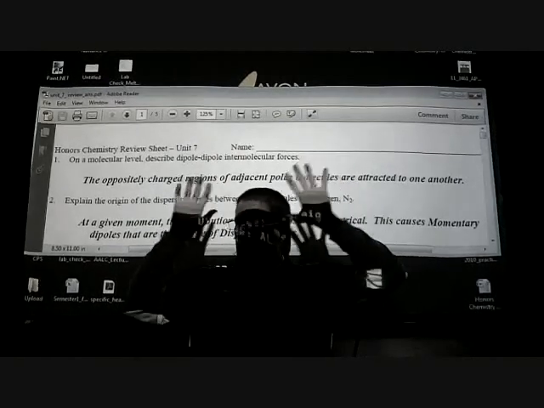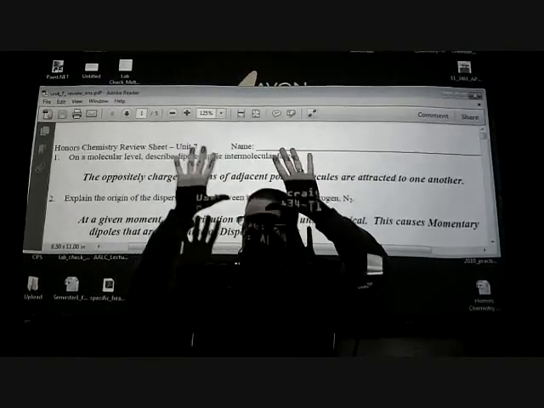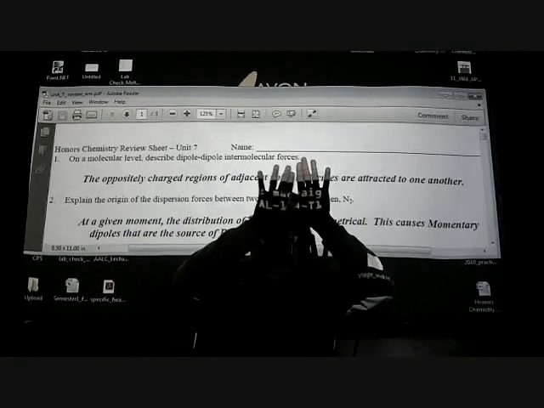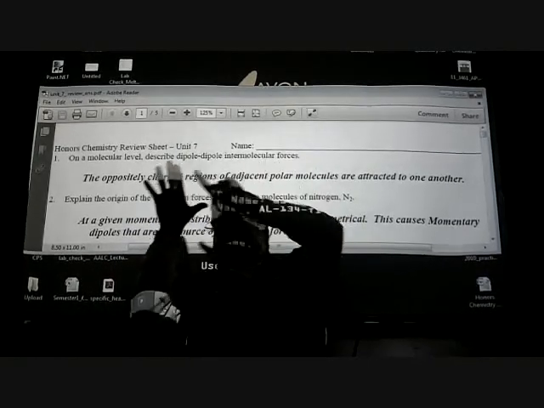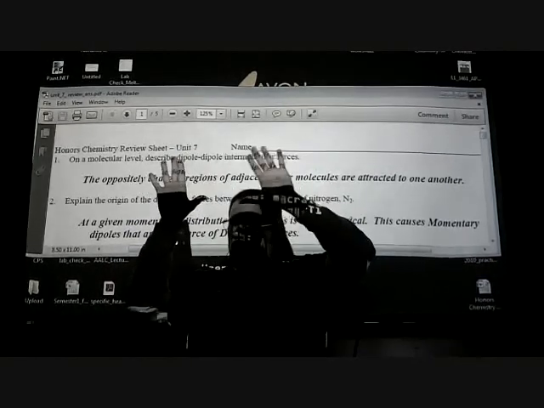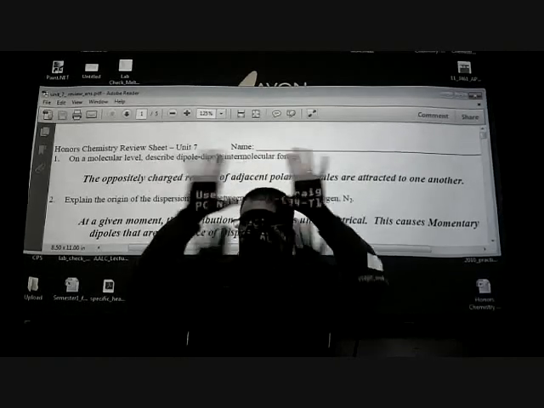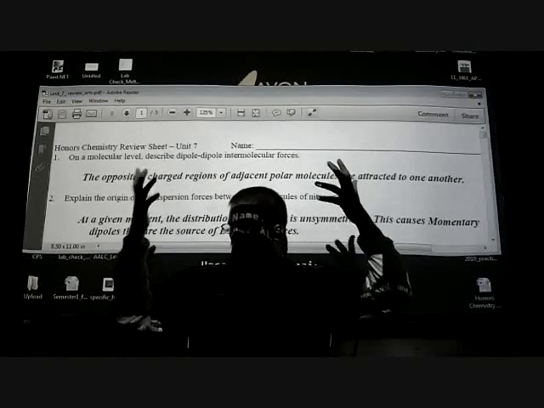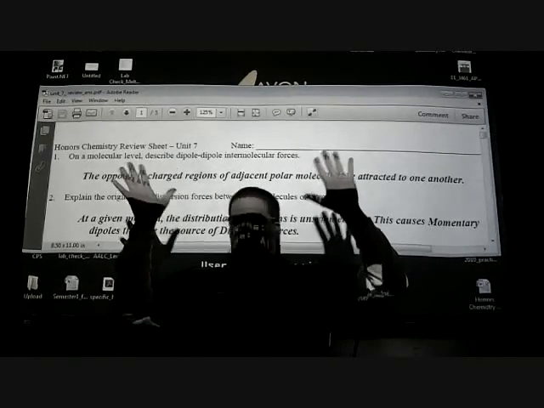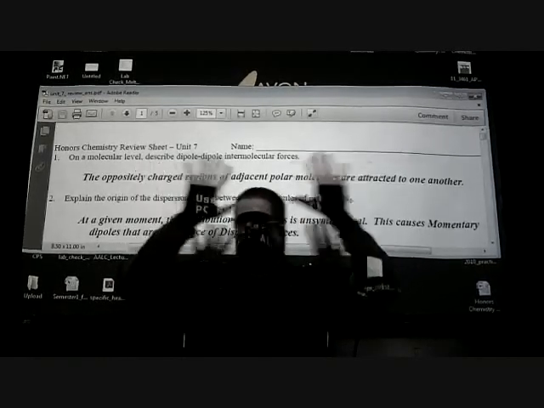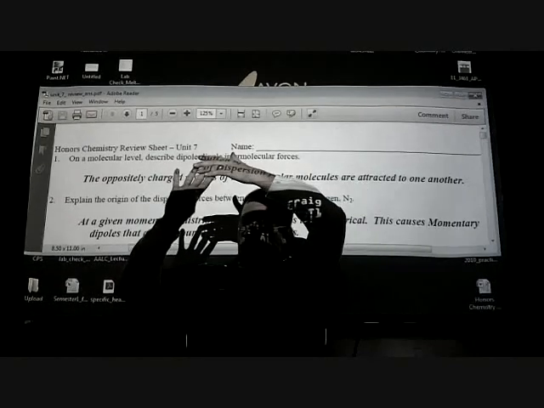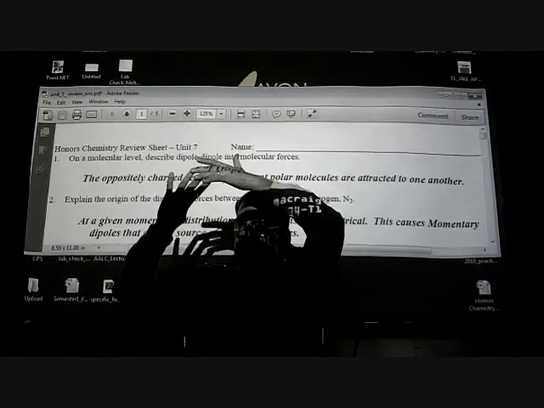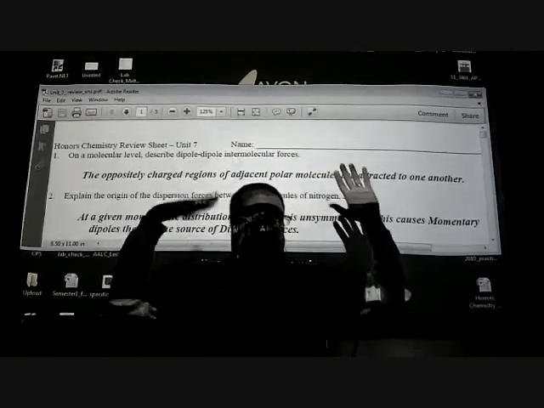However, if you zoom in even more closely, you'll notice those electrons are a little closer to that hydrogen for a moment, and then a little closer to the other hydrogen for another moment. So there's this shifting back and forth, what's called a momentary or temporary dipole moment, which is a partial charge. This hydrogen's partial positive for a moment, then partial negative for a moment, then back to partial positive, and so on.